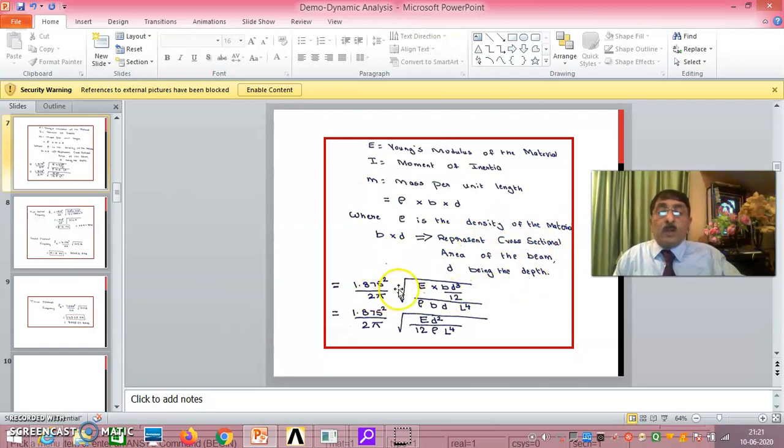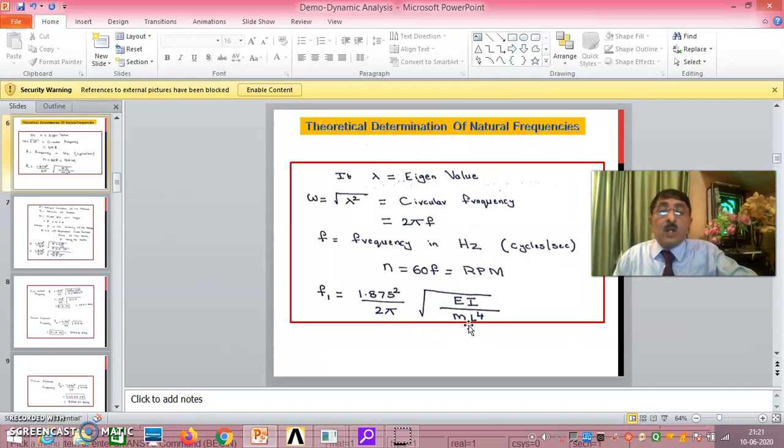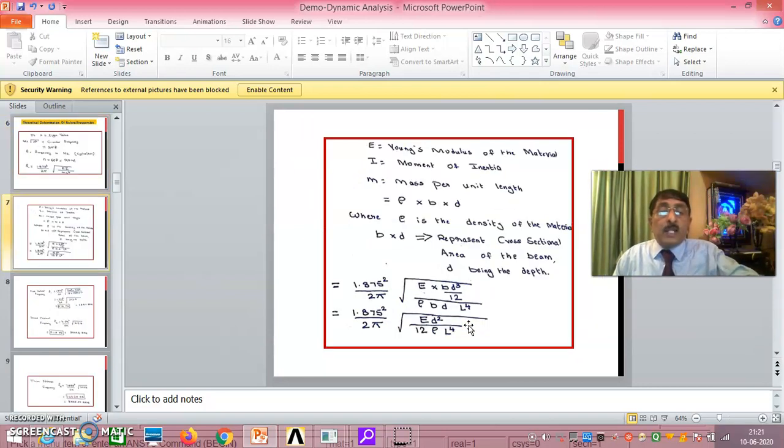Now you substitute: 1.875 squared by 2 pi, E into I, where I is BD cube by 12, divided by M L to the power of 4, where M is rho into BD. You cancel off BD, and it becomes E into D squared over 12 rho L to the power of 4.